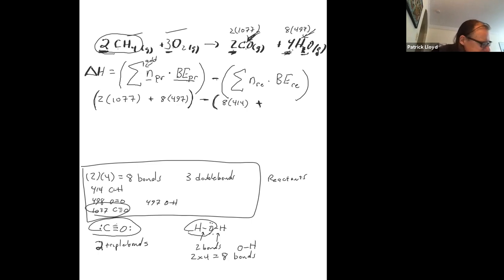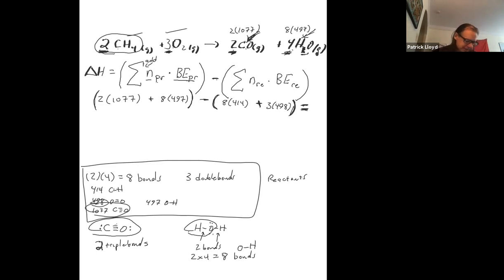And then we got 3 of the O2s. The O2 is 498, so 3 times 498. It's actually reactants minus products, I'm sorry. So what I'm going to do is just do products minus reactants and change the sign. But for the next example I show you, I'll do reactants minus products. Just a mistake on my part.